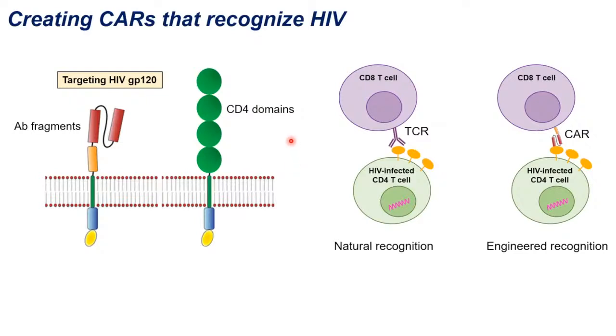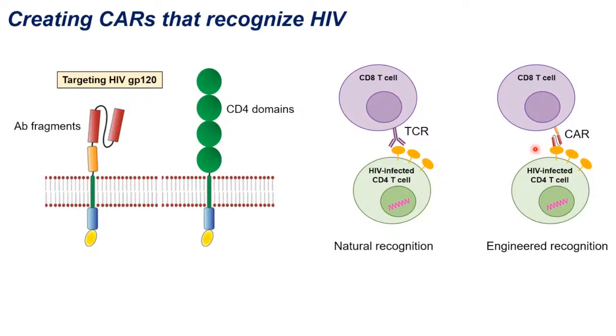So for example, again, here's my cartoon version of what you just saw. Here's the natural recognition of an HIV infected cell. It's expressing the HIV ENV on its cell surface, which is a target for recognition by the natural T cell receptor, or that can be replaced by an artificial T cell receptor, by a CAR.